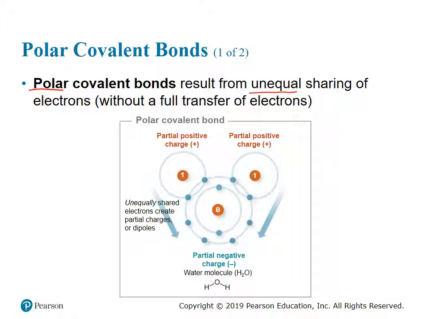That means the interaction between one or more atoms results in the sharing of electrons, but one of the atoms is going to share more time with the electrons than the other atom or atoms will. Okay? They actually hold the electron for more of a given time than the other ones will.